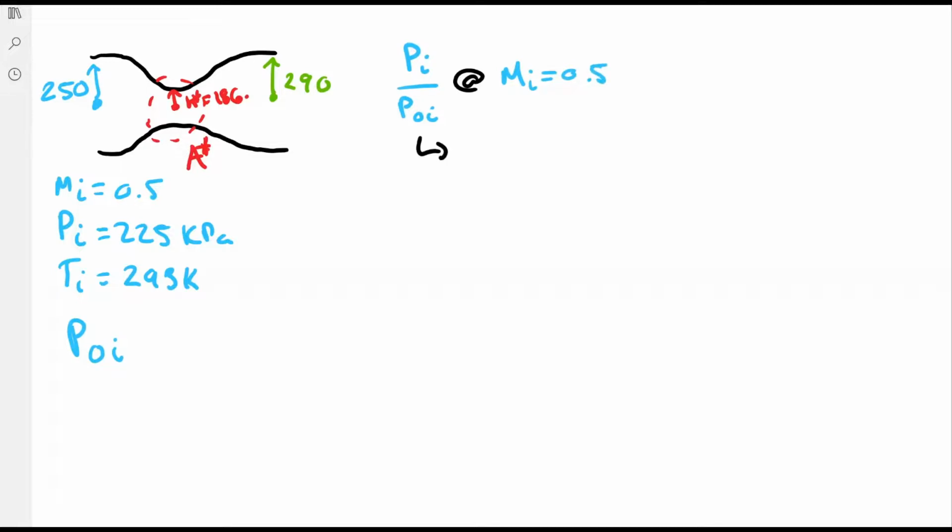From the isentropic flow tables, we get this pressure ratio to be approximately 0.843.